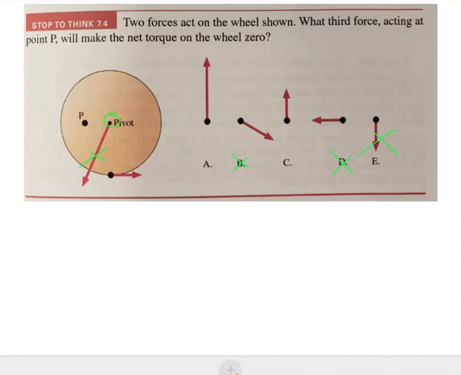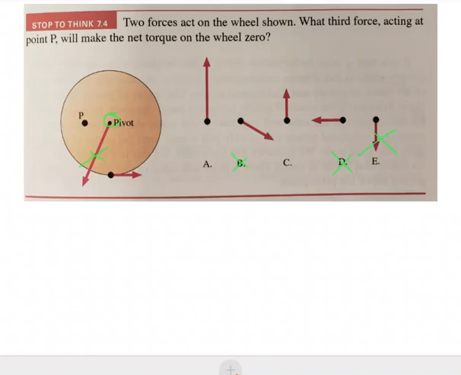Now, logically, with the point P being inside the edge of the wheel, the radius is less. So in order to counter the radius being way farther away than the point P, what must be true about the force?